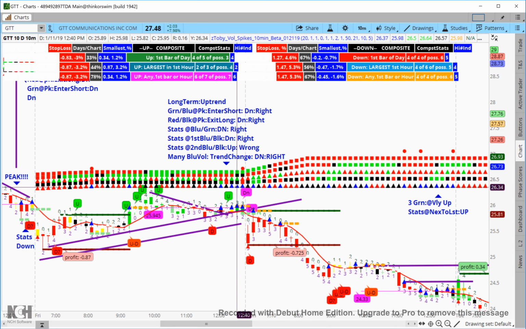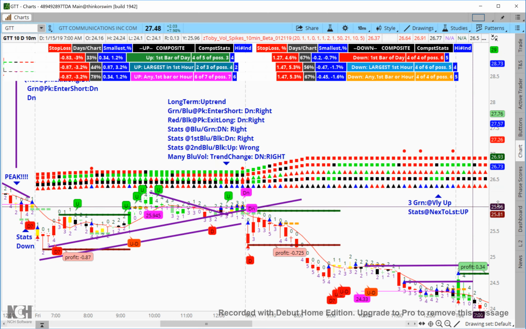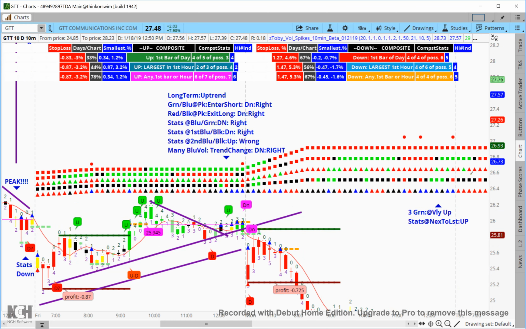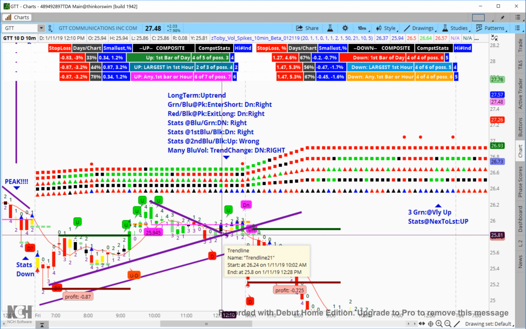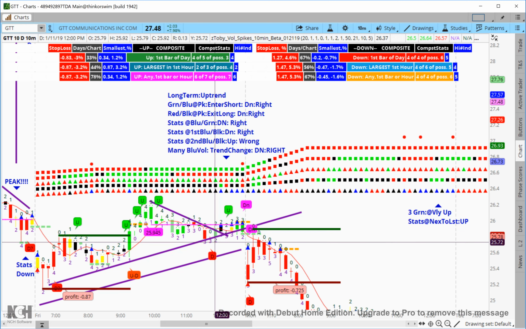So this is one of those I was telling you about that has lots of volume. See, you got blue, blue, black, blue. So 4 ones, 3 of them are blue, and then if you look at 1, 2, 3, 4, 5, 6, 3 of the 6 are blue. So statistics wise, you got 3 and 1, so that's up, 2 and 3 down, 2 and 2, 2 and 2, and 0 and 3.